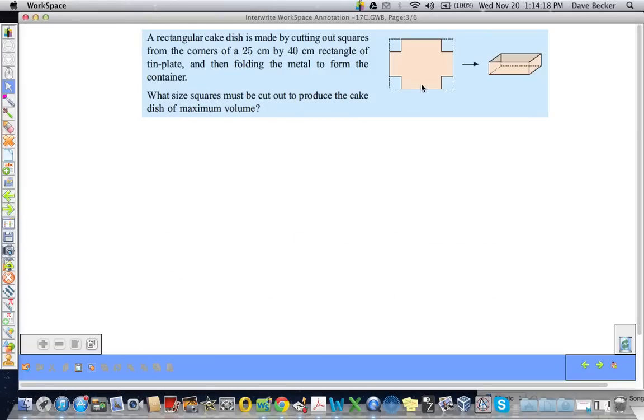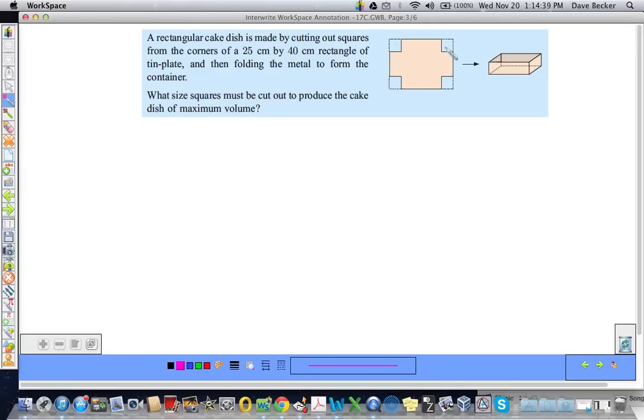We have a rectangular cake dish. You like the cake? Love the cake. I love the cake. And it's made by cutting out squares from the corners of a 25 centimeter by 40 centimeter rectangle of tin plate. So it's a soft metal, and the original piece of tin is a full rectangle.